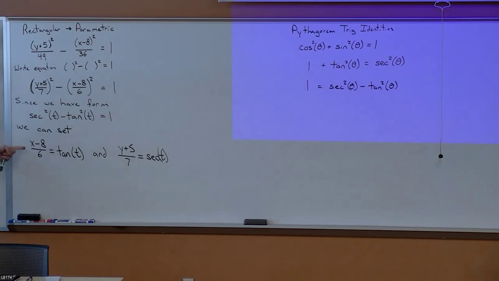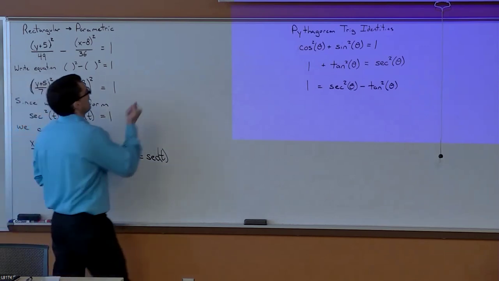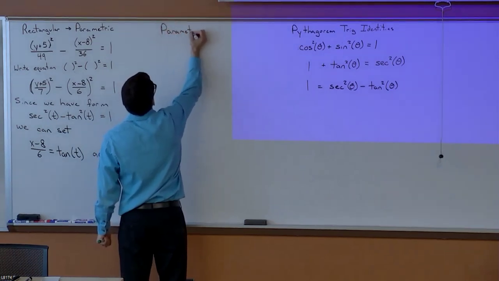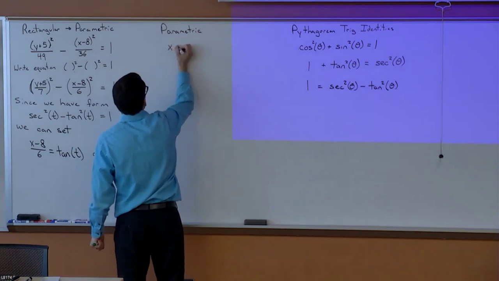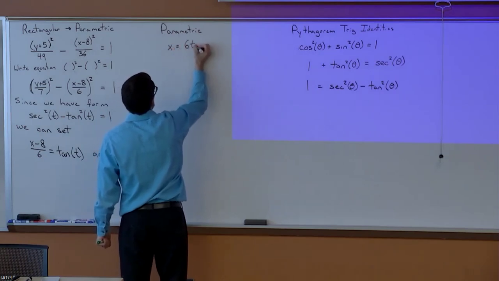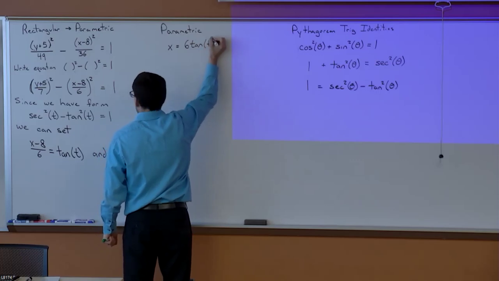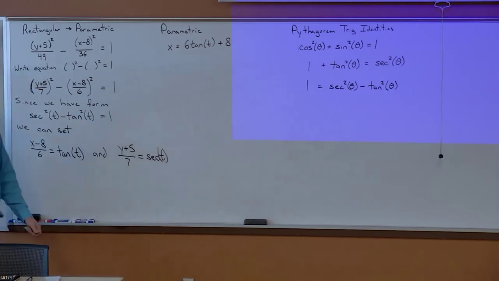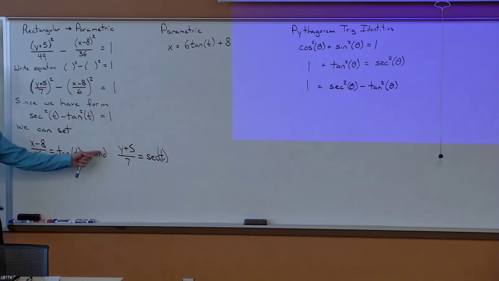Now, to solve for x, we're going to multiply both sides by 6 and then add 8. I'm just going to do that in my head here. When you multiply both sides by 6, you get 6 times tangent of t, and then add 8. So x equals 6 tangent t plus 8. And when I solve for y, I multiply both sides by 7 and then subtract 5.